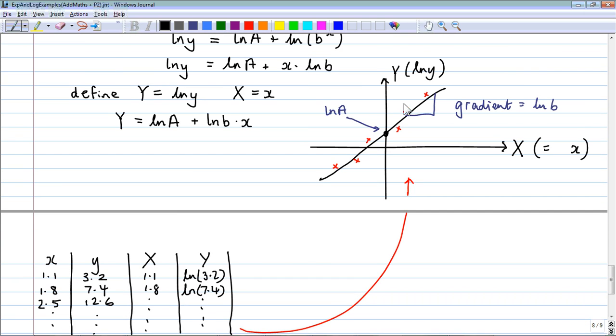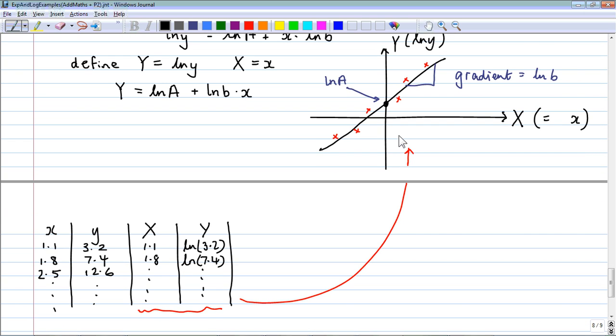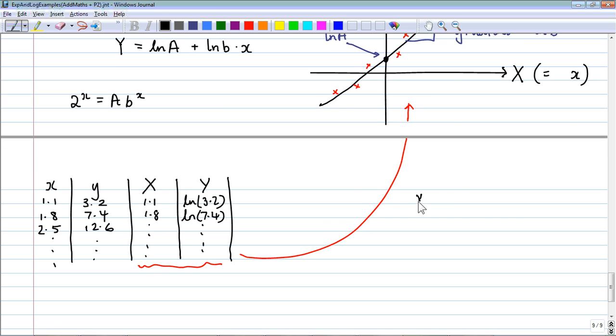If we were looking at this graph and we were told to find the value of x for which 2 to the x equals ab to the x, we will be drawing another straight line, y equals 2 to the x. To find the straight line here, we would need to take the logarithm of both sides.